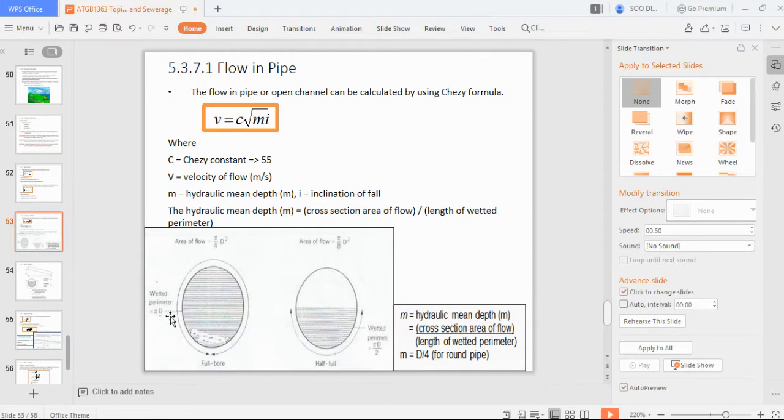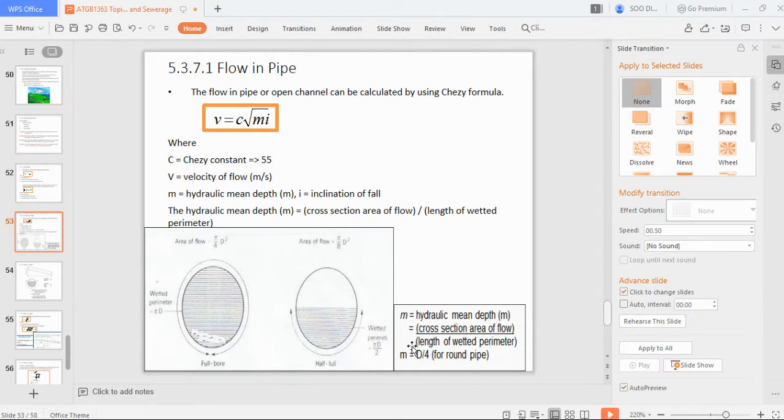In a full pipe, the wetted perimeter is all around, and in a half pipe, the wetted perimeter is just half. For the cross section area of flow, when the water is full, this is your whole area, and when the water is only half, you only have half a circle.